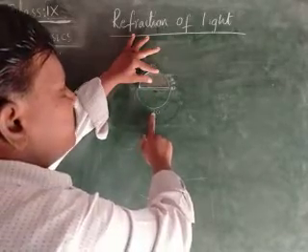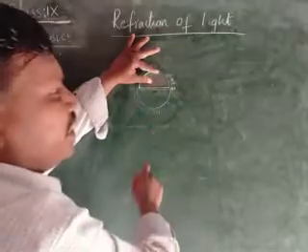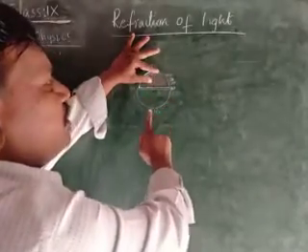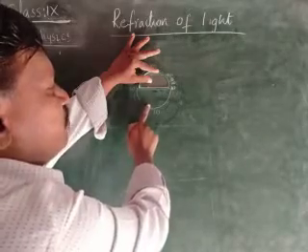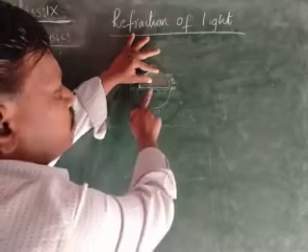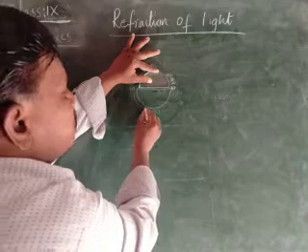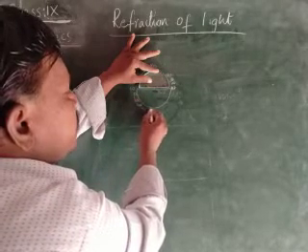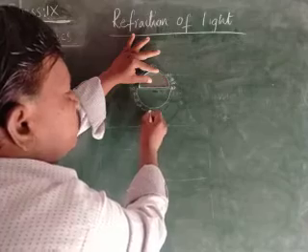That means when we make it incident at 90 degrees, children, straight like this, there won't be deviation. But when you keep the light ray over here again, we will be having 20, 30, 40, 50, 60, 70, 80.